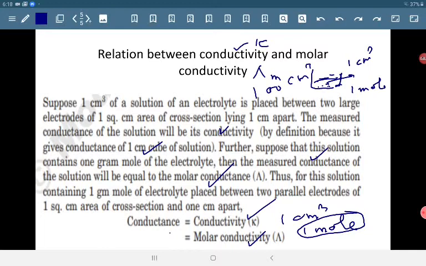So now the total conductance of the solution, that is molar conductivity, is 100 times the specific conductance or conductivity. Now if the volume is V centimeter cube, then molar conductivity will become equal to conductivity into V. Suppose we dilute the solution to V centimeter cube.